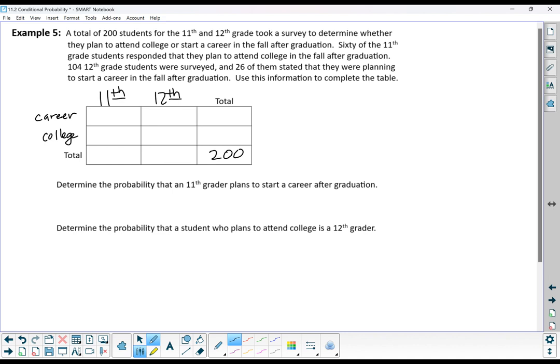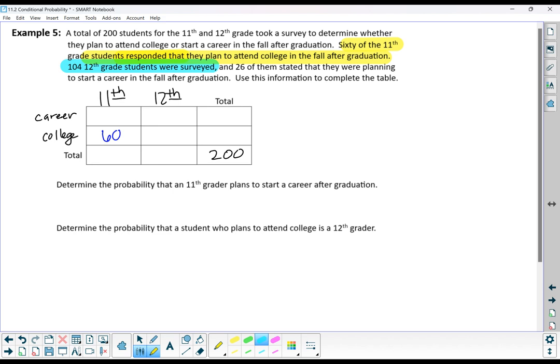So this next sentence right here says 60 of the 11th grade students responded that they plan to attend college. So 60 of the 11th grade students plan to attend college. Okay, next sentence says 104 12th grade students were surveyed.